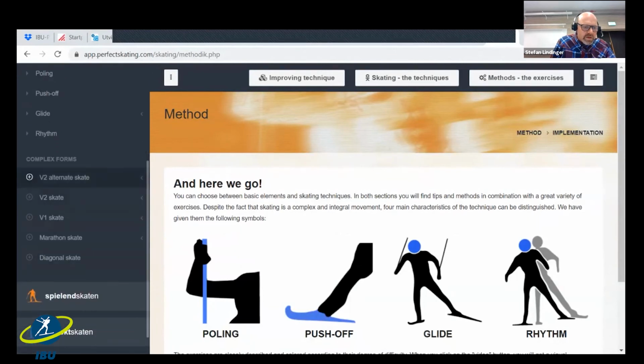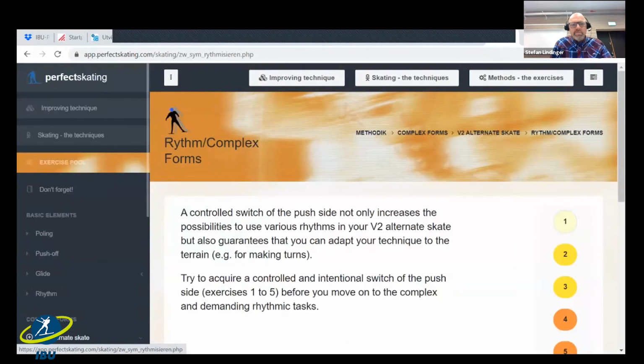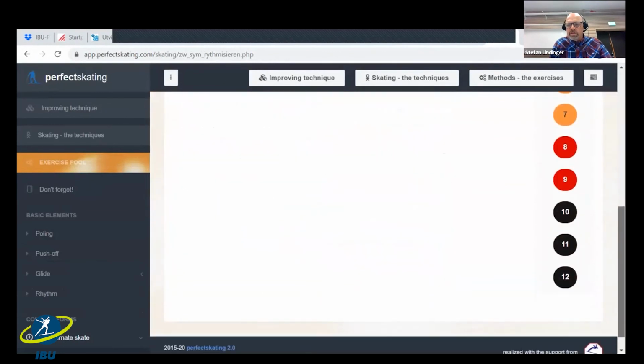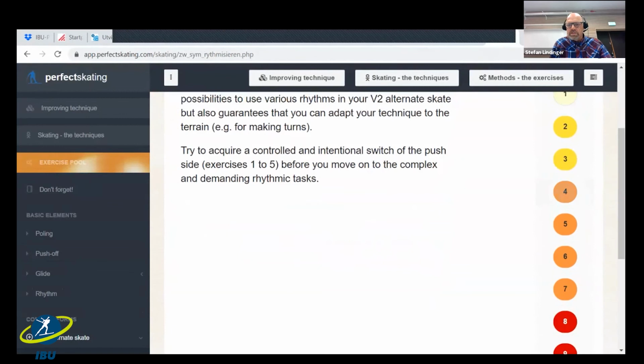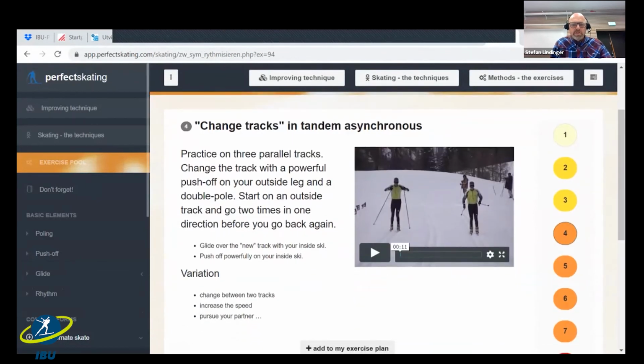Then we go into different techniques, and I take, for example, V2 alternate, and I go into rhythm. So we have bowling, push, glide for each technique and rhythm. And here are the exercises from very easy ones to very difficult ones, with some examples: description of the exercise, variation possibility, and the video explanation for the corresponding exercise that we see.